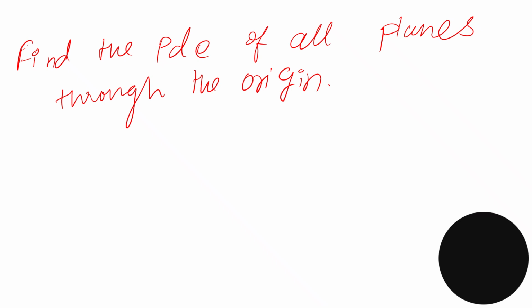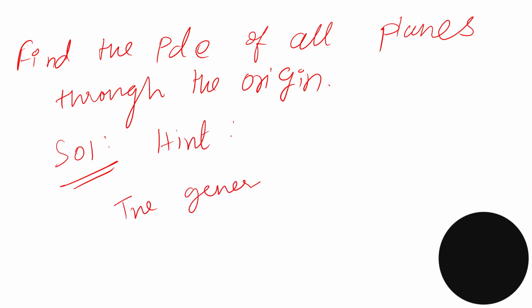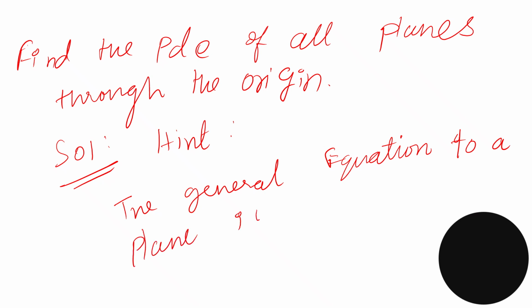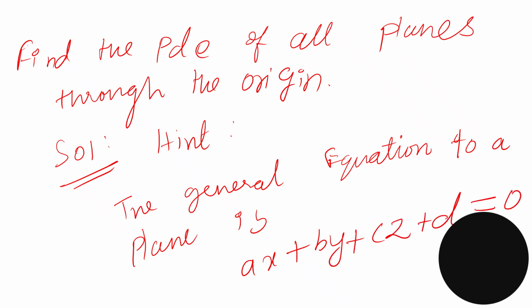The hint is that the general equation of a plane is ax + by + cz + d = 0. Find whether this is case 1 or case 2, and then solve it as a homework problem. Thank you.